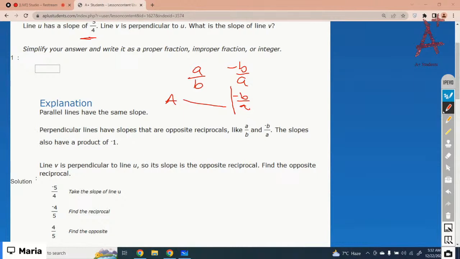So if U has 5 over 4, it would be negative 4 over 5.